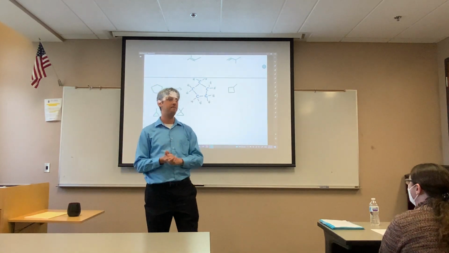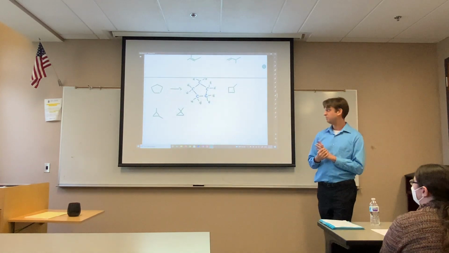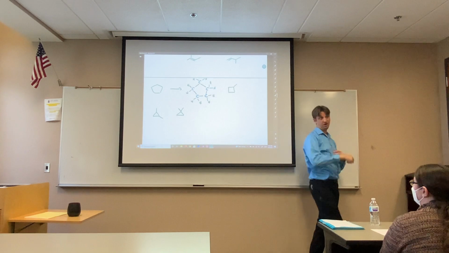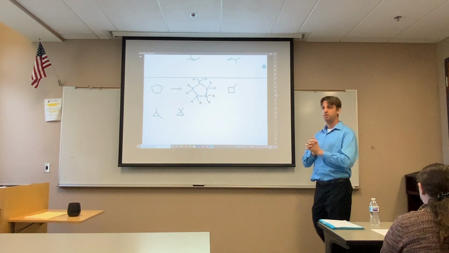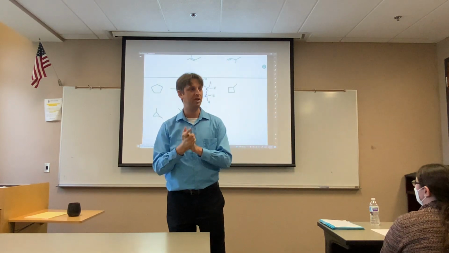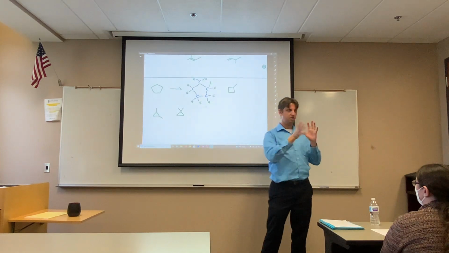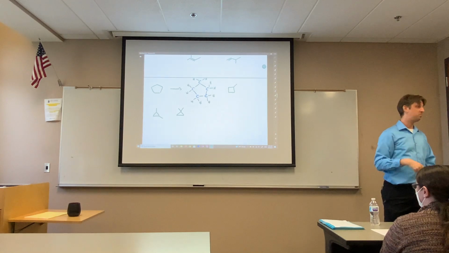For those last couple that you drew, does it matter where the line is? Like for that square with a line coming out, does it matter what part? Good question. Draw a different one and see if you can answer that. Does it matter where I put that group coming off of that square? That's kind of a tricky one to answer. If you imagine it just being a rotation, that's just a change in perspective.